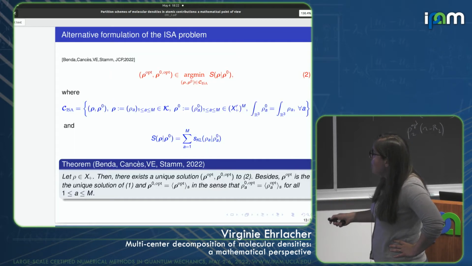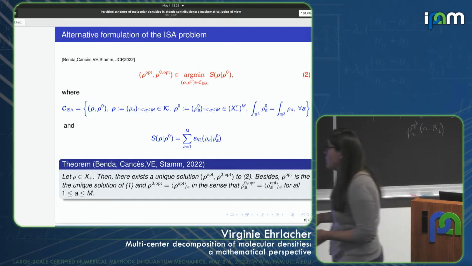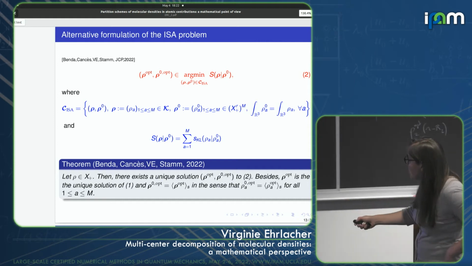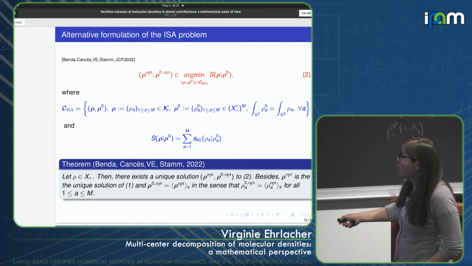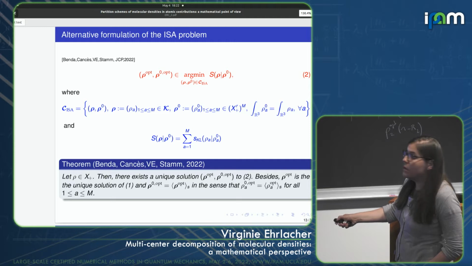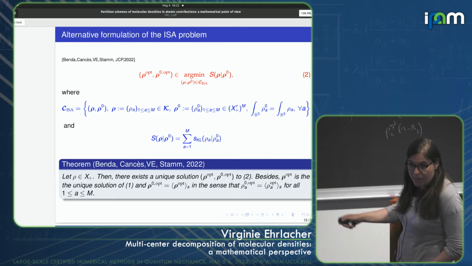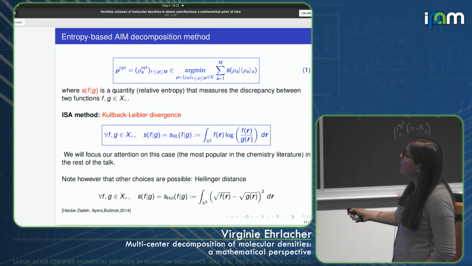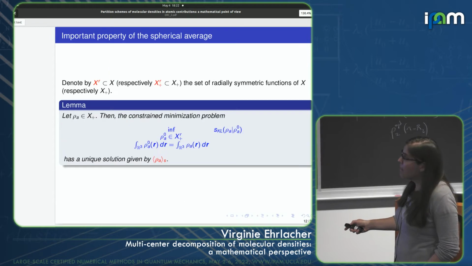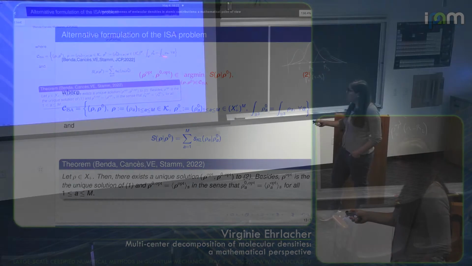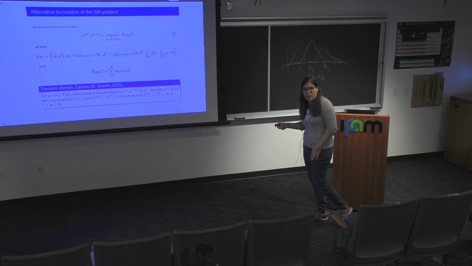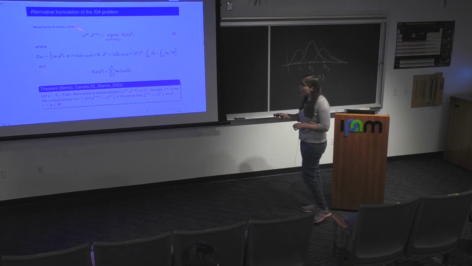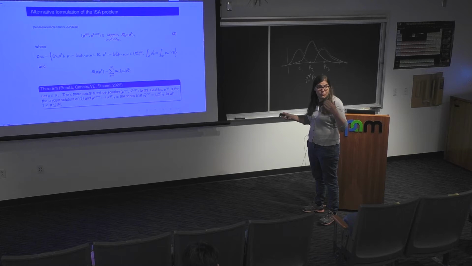And the rho 0 opt that appears here, which is a set of radially symmetric functions, is simply the spherical averages of all the atomic contributions of the rho opt, so of the solution of the ISA minimization problem. So considering 2 or considering 1 is equivalent. But this second formulation, which is more complicated because you have 2 sets of unknowns to minimize upon, is actually better for the mathematical analysis of the numerical algorithms I'm going to present to you.